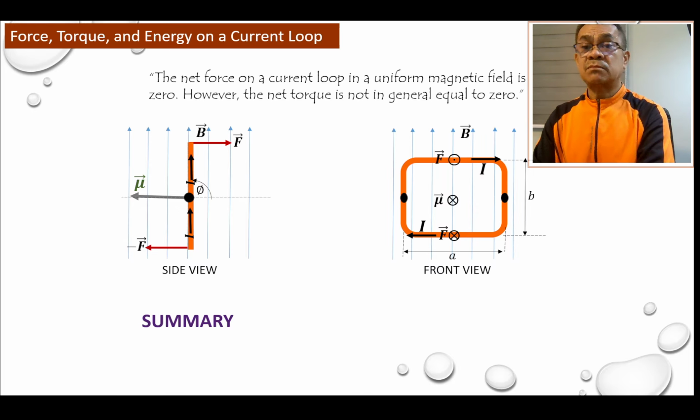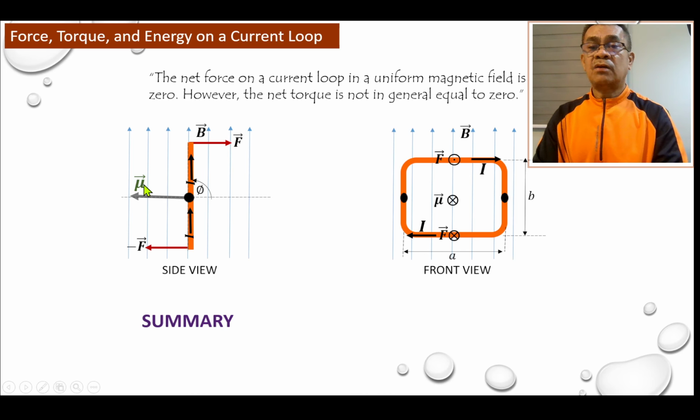Okay? So the maximum torque occurs when what? The angle between mu and B is 90 degrees. That's the maximum angle. Or it can be 270. Okay? So torque is maximum. When the angle between them is zero, then torque is zero.